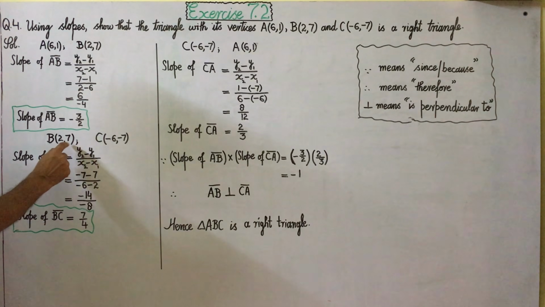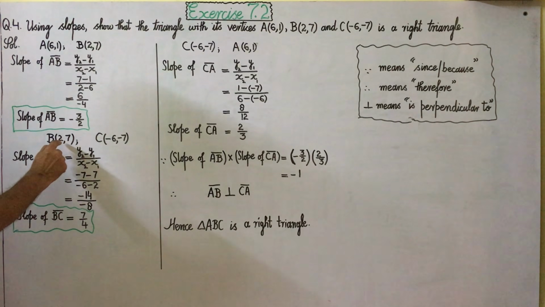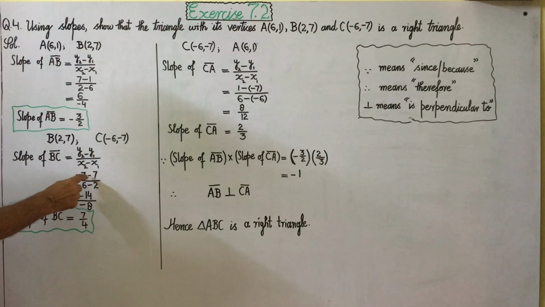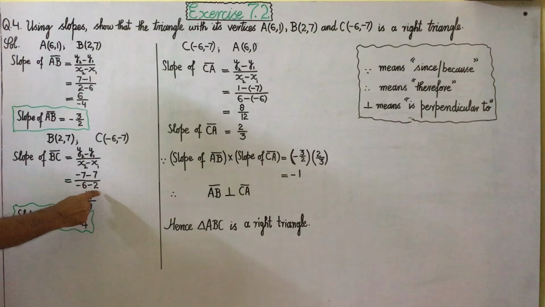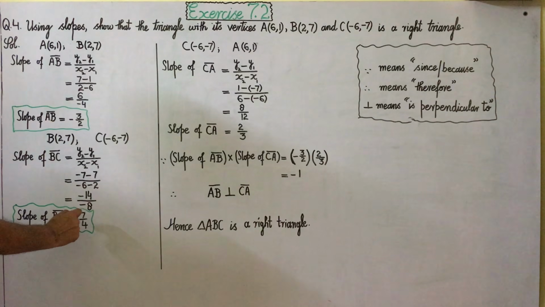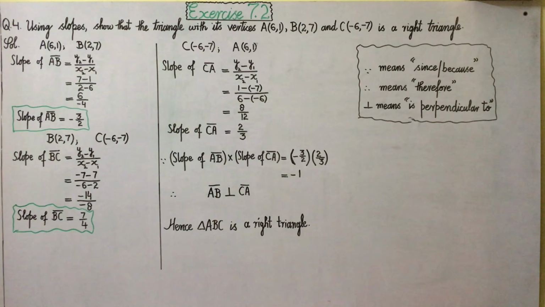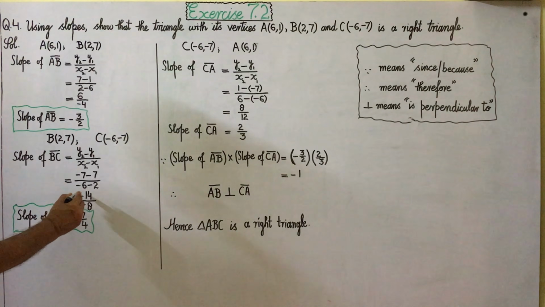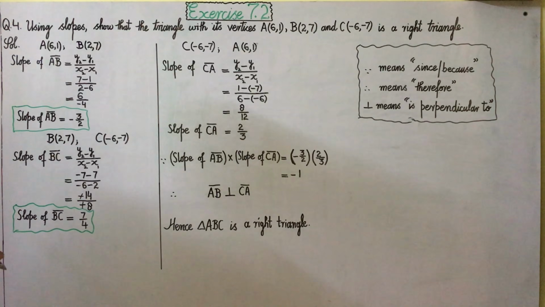Minus 7 minus 7 is minus 14, minus 6 minus 2 is minus 8. Now 2 7s are 14, 2 4s are 8. Minus cancelled with minus. So slope of BC is 7 over 4.